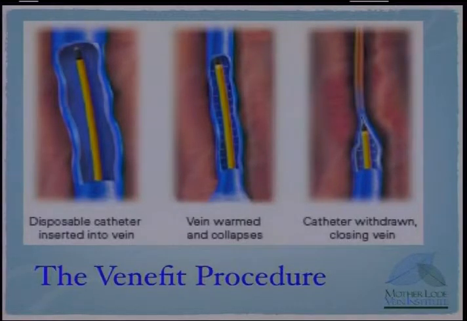When the vein is warmed up, it shrivels or shrinks down, collapses, and allows the blood that used to flow in the reverse direction to flow through multiple collateral vessels into the deep veins, which have healthy valves and bring the blood back to the heart in a much healthier fashion. This is a very simple procedure performed in the office under what we call local or tumescent anesthesia. It is almost always covered by insurance, and patients' symptoms of aching, pain, heaviness, itching, burning, and swelling are usually either significantly improved or eliminated completely.